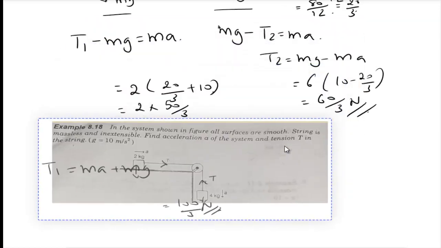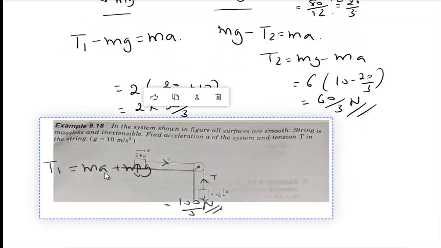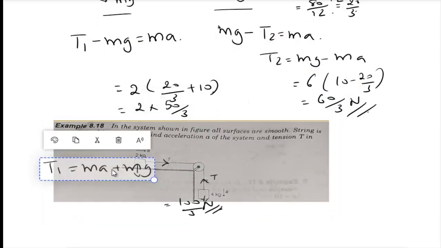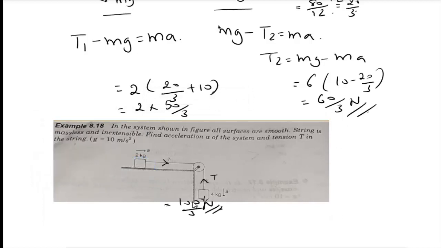Here what will happen to mg? Now it is visible for you, I guess. Tension is acting in the upward direction, and here mg is acting downwards. What will happen to the mg over here? We need not consider it, because we are considering only the horizontal direction, right?